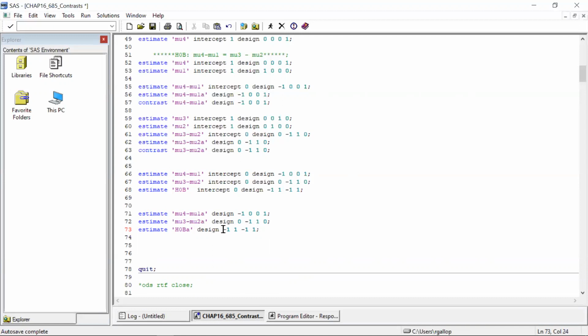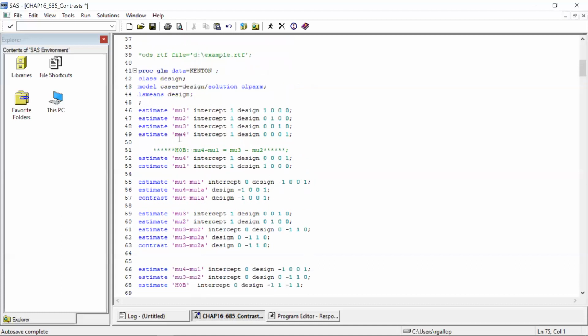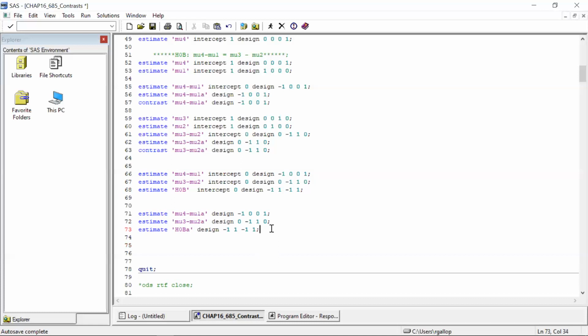Again, these coefficients sum to 0. Minus 1 plus 1 is 0. Plus negative 1 is negative 1. Plus 1 is 0. When I do this, well, even before I do that, this is also a contrast.